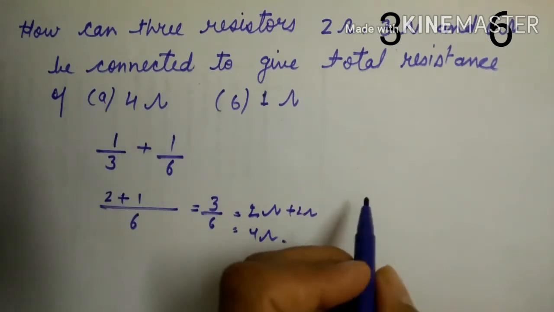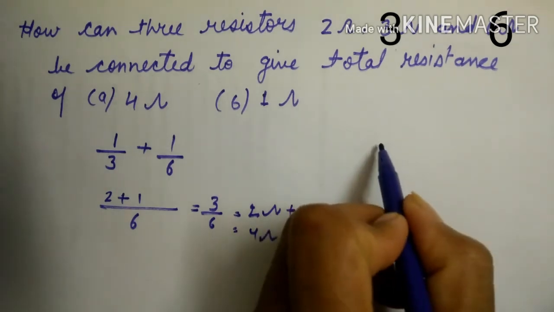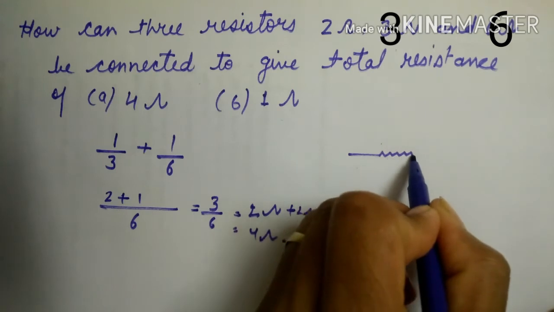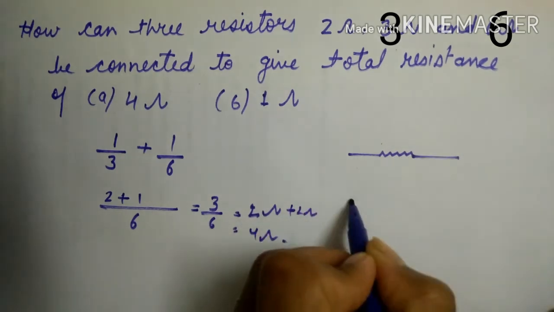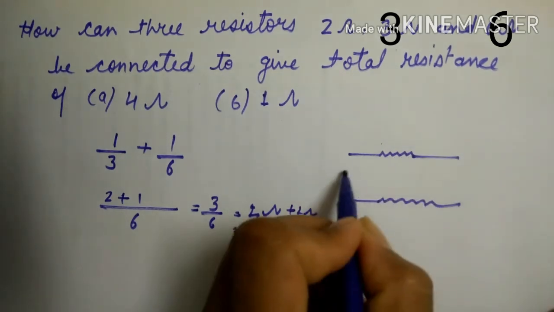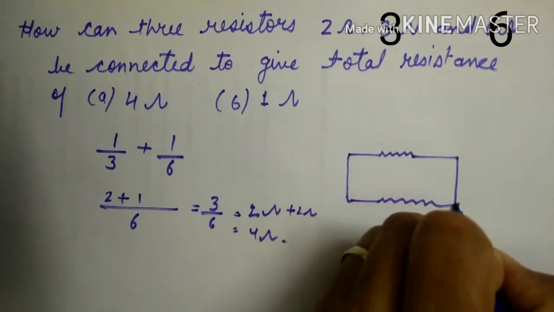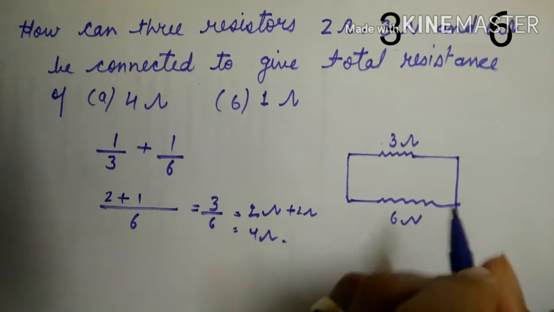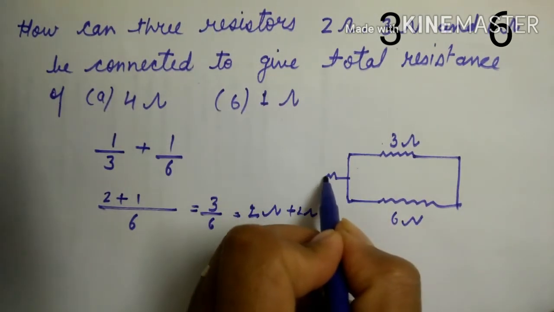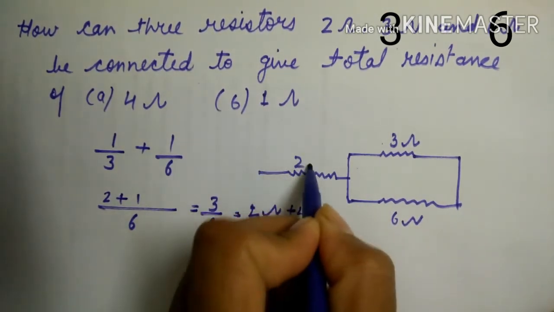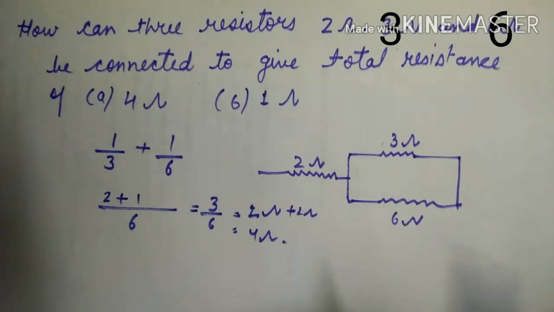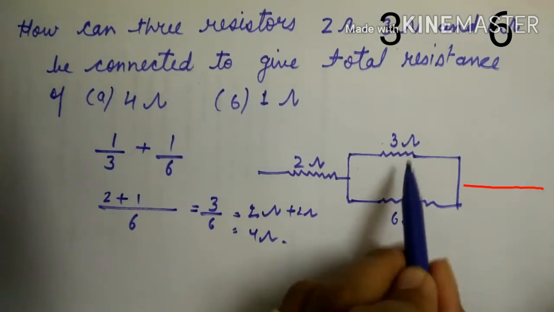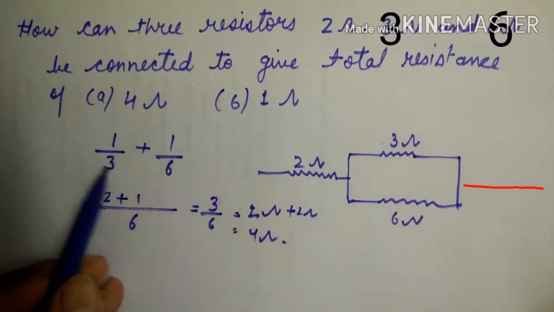Let's see, we are making the circuit here: 3 ohm and 6 ohm connected in parallel, and the remaining 2 ohm connected as a series combination. So firstly solve the value of these two resistances, 3 and 6 ohm.